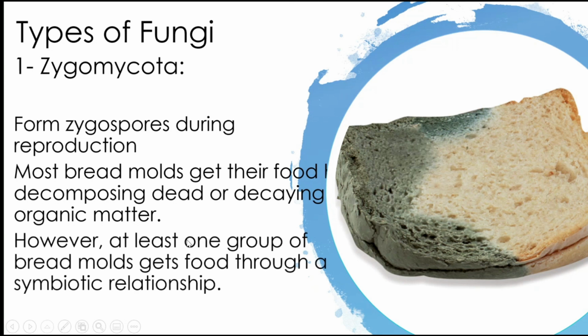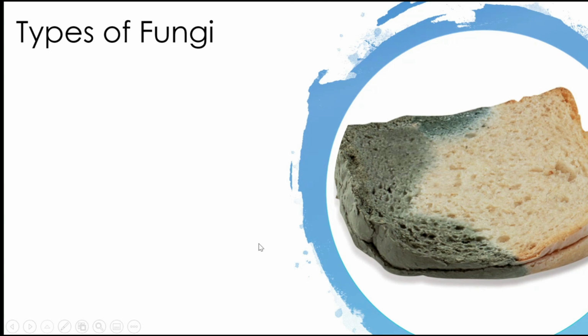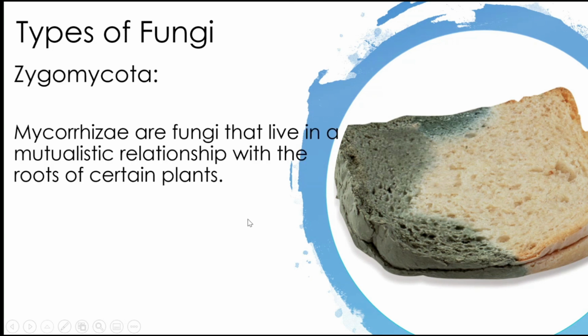However, at least one group of bread molds gets food through a symbiotic relationship. If we proceed illustrating the structure of the Zygomycota, mycorrhizae are fungi that live in a mutualistic relationship with the roots of certain plants.